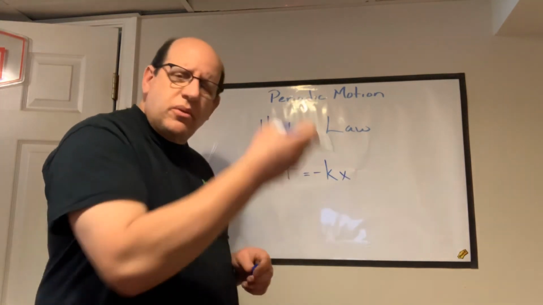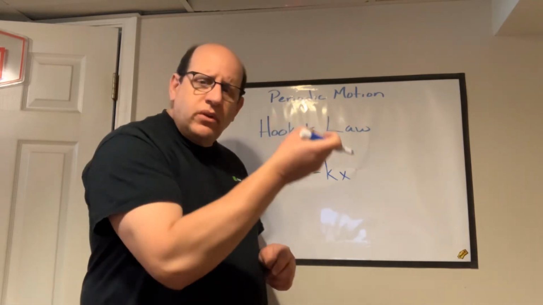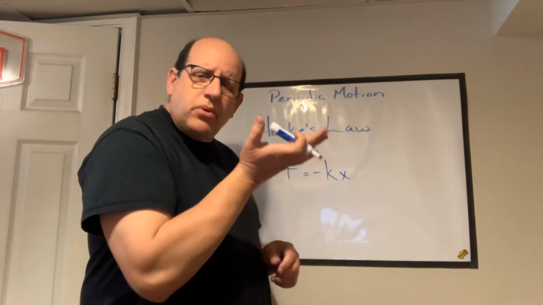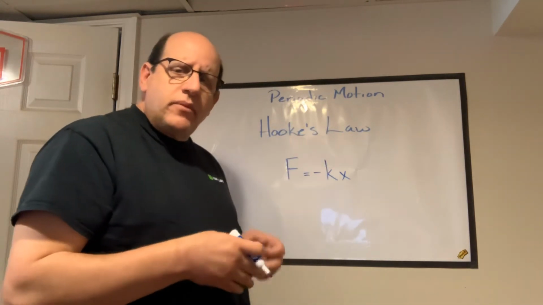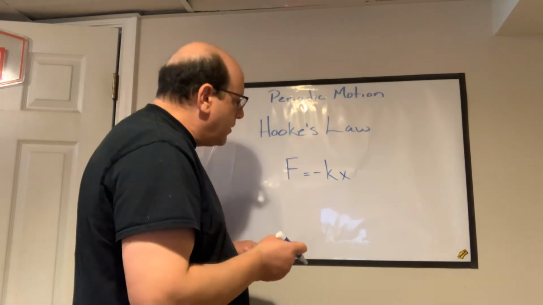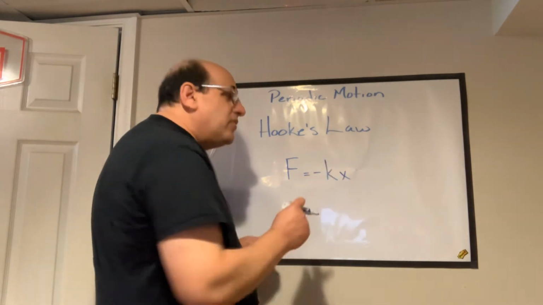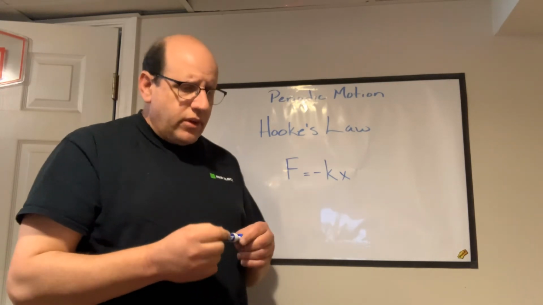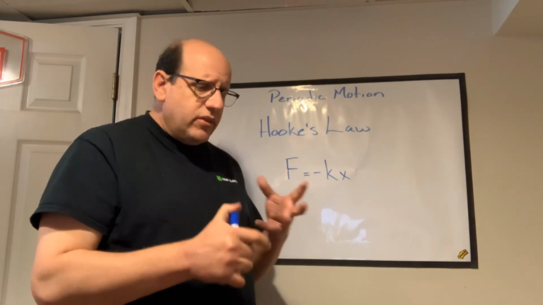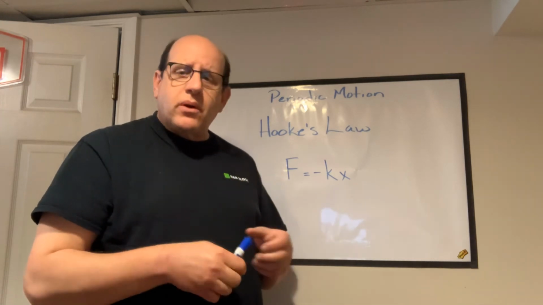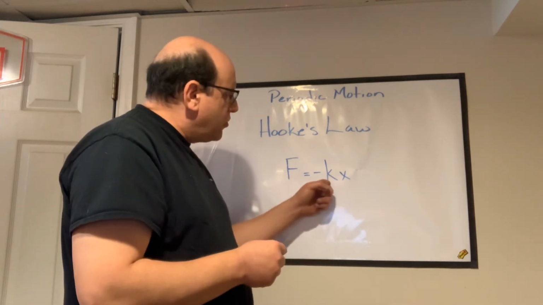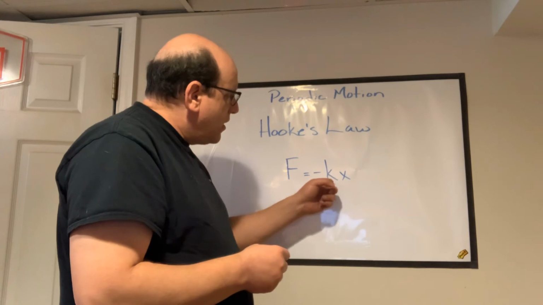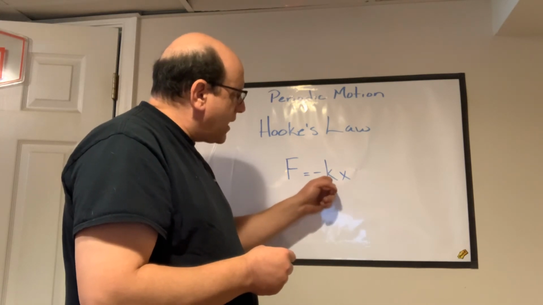It takes a certain amount of force to displace that spring or to compress that spring past its relaxation point. This negative is a little confusing to a lot of us, because we think of negative as taking something away, and really it's just that restorative force, that wanting to be back at its relaxed state.